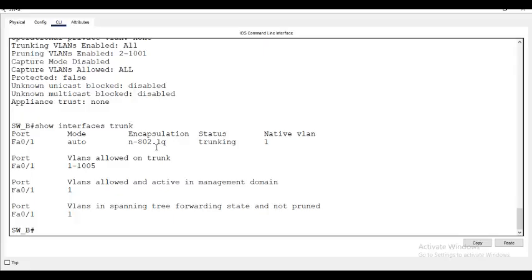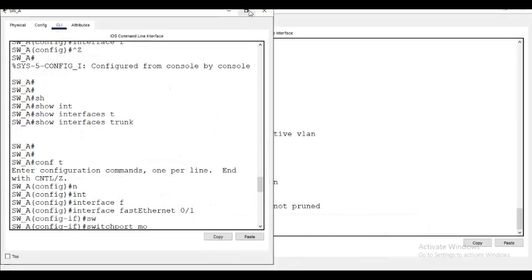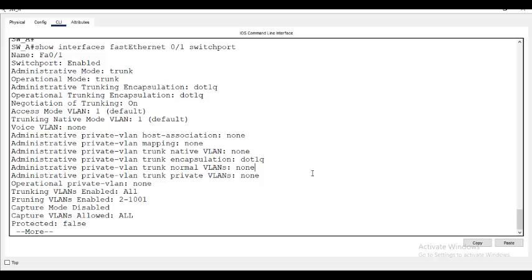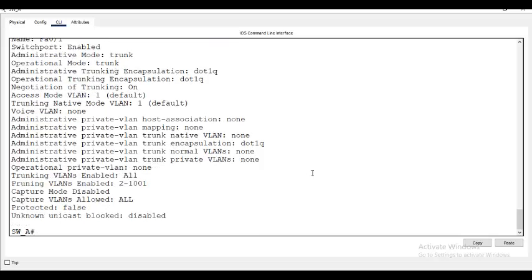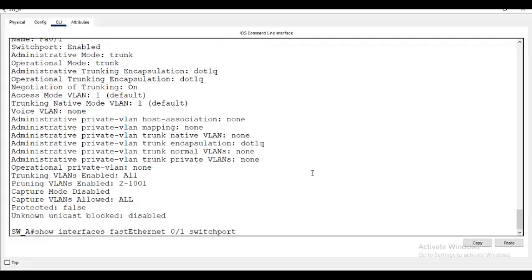Whereas, if you go to switch 1, this should not show that same output. This should say, I'm trunking because someone turned on the trunk. I'm trunking not because of N. Where is N here? There is no N. No negotiation. Someone has turned on the trunk. It is not auto. Trunk is on.